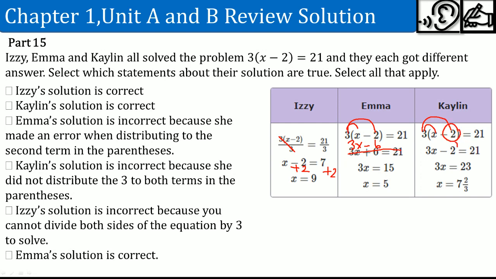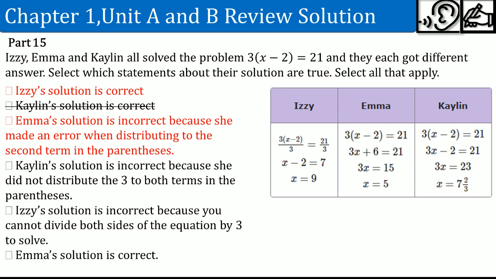Okay? So Emma screwed up. So the only one that did it correct is what? Sorry, Lizzie, the first one. Lizzie did it correct. Look. Let me go back to the previous work. Lizzie's the only one that did it correctly. So Lizzie's solution is correct. Emma's wrong. Caitlin is wrong. Emma's was wrong because she forgot to distribute the 3 into the negative 2.